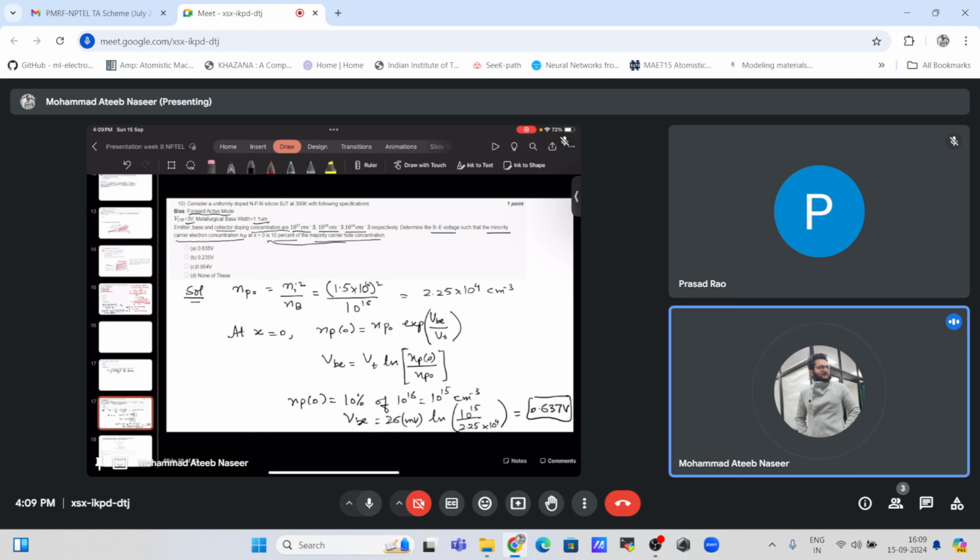So this is the base to emitter voltage that is required. It is approximately option A, approximately this option is correct, 0.637.